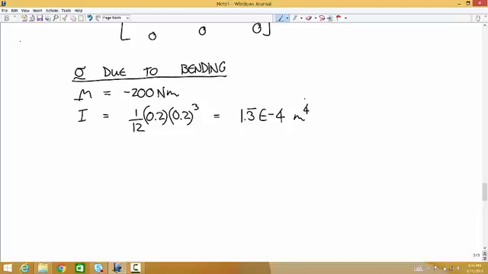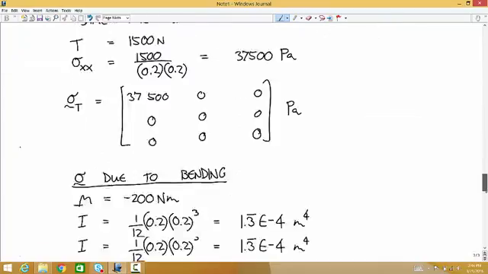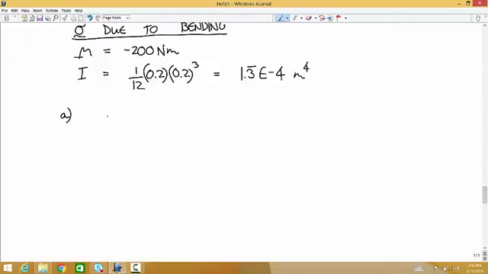And so now for these 3 points. Those 3 points are going to have different values due to bending because that y value is going to be different for all 3 of those points. So first A, I think I said that's at the top. So sigma xx is going to be negative bending moment times y.